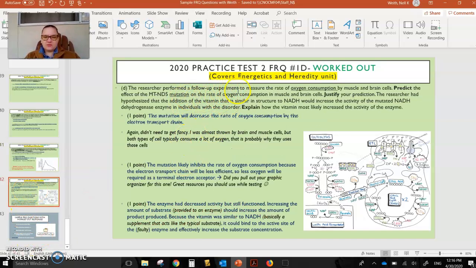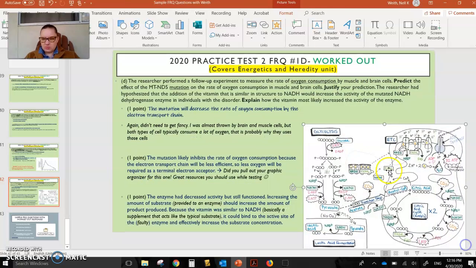So the researcher did a follow-up experiment to measure the rate of oxygen consumption by muscle and brain cells. If we're talking about oxygen consumption with cellular respiration, we're talking about letting the hydrogen protons come back through ATP synthase. We're talking about letting the electrons go down in their energy level, so having been excited electrons in organic matter, now releasing that energy to the electron transport chain to pump.